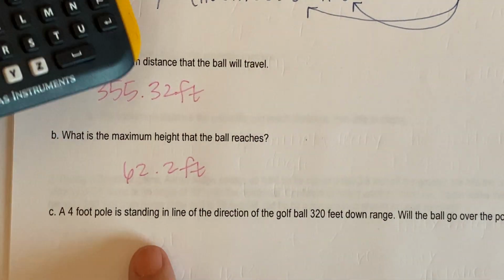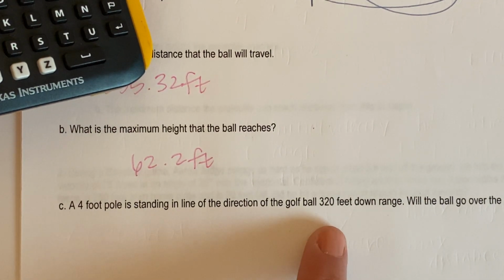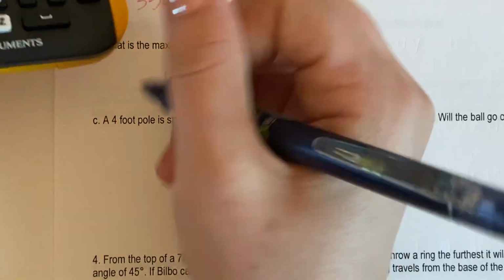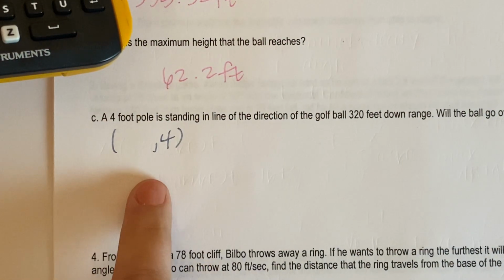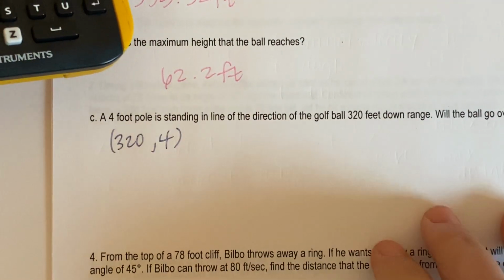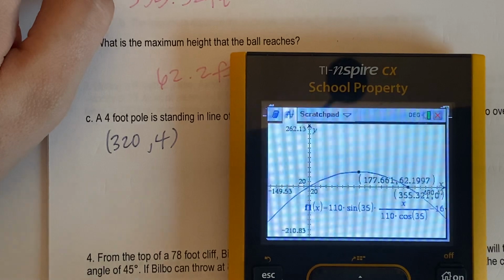And then we have a 4-foot pole standing in the line of direction of the golf ball 320 feet down the range. Will the ball go over the pole? So the pole is 4 feet tall. That's the y value. It's 320 feet away. So let's figure out what happens at 320 by doing trace.